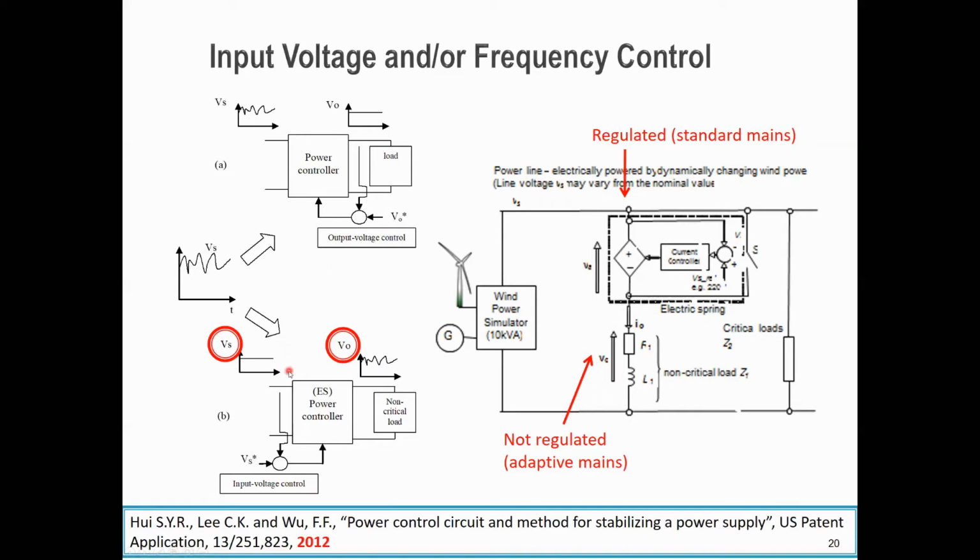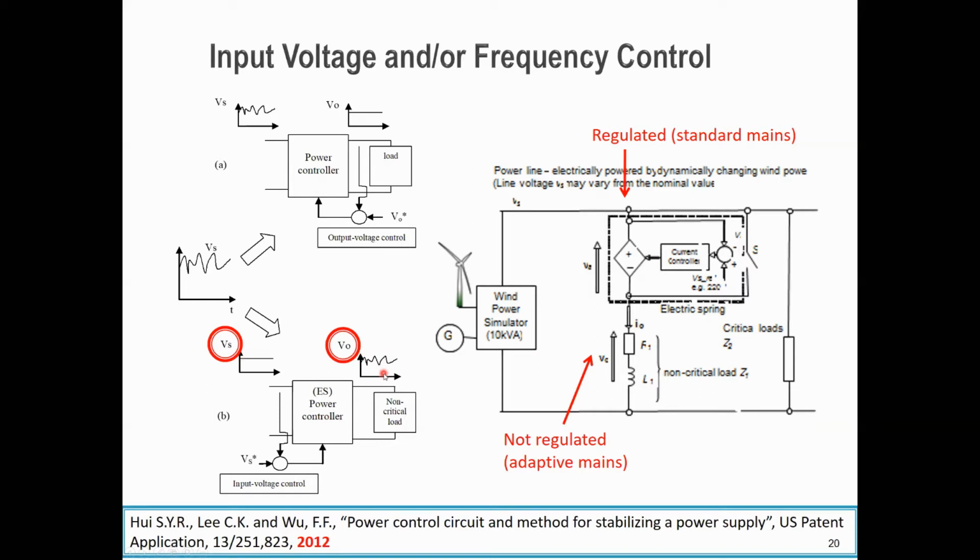It is different in the electric spring technology. Here, if we have a fluctuating mains AC voltage caused by the intermittent nature of wind and solar power, we want to regulate the input voltage to stabilize the local input voltage and let the output of the spring fluctuate. Okay, so we regulate the input voltage and let the output fluctuate.